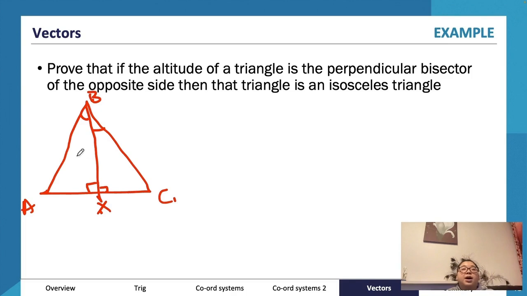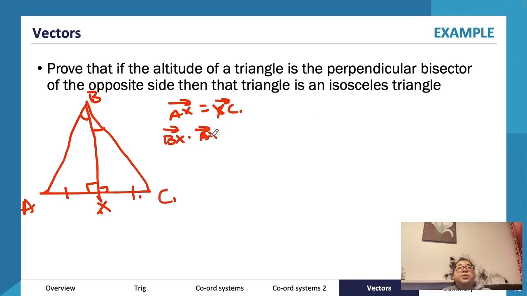And another part about it being the altitude of the triangle would mean that it's perpendicular in the first place. So the altitude part and the perpendicular part are kind of the same thing, but in terms of it bisecting, this means that this side and this side are the same. So what we can gather from that is that AX will equal XC, or equal negative CX, and we also know that BX times AX will equal 0. Those are the 2 conclusions we can get.